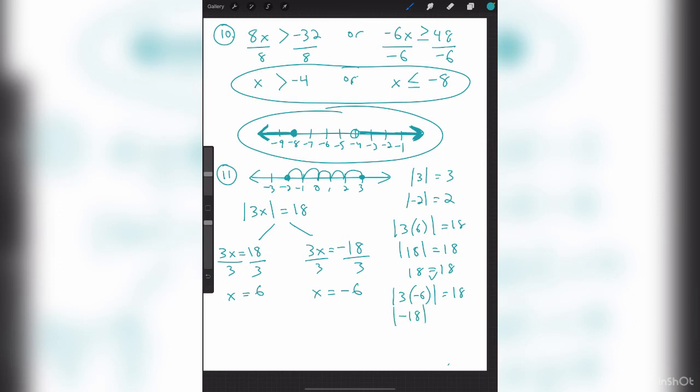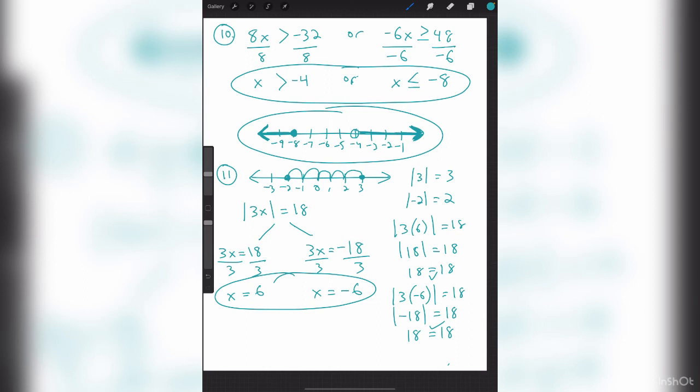I get the absolute value of -18. How far is -18 away from 0? Well, it's 18 places. Is 18 equal to 18? Yes. So in this case, you're going to have 2 answers. Okay, those would both work. x equals 6 and x equals -6. So both of those answers would work.